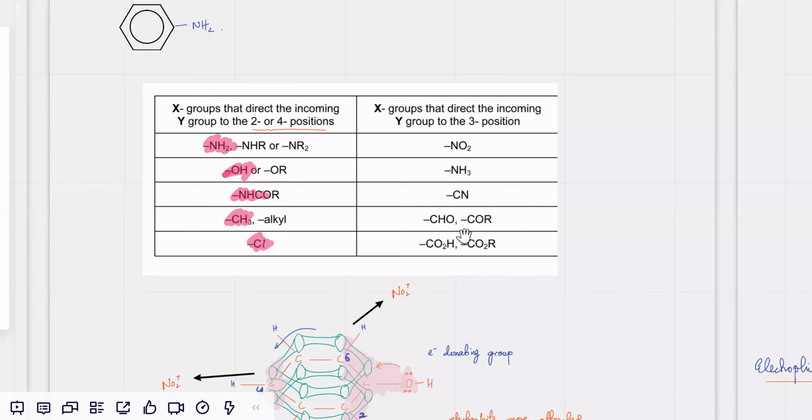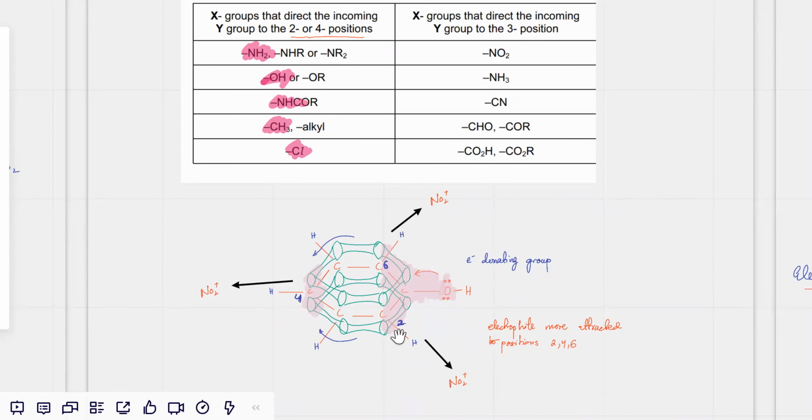If you have a ketone group, that's an electron withdrawing group, and it's going to direct it at the third position. When you have an electron donating group, the electrons get pushed, and at positions number 2, 4, and 6 the electron density increases.